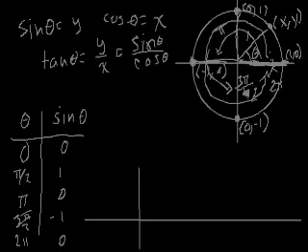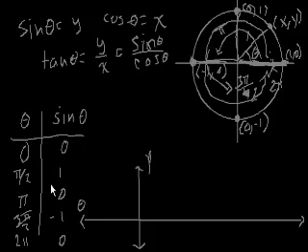Not as clean as I wanted to draw it. This is y, and that's x. But in this case, instead of calling that the x-axis, let's call that the theta axis, because we defined theta as the input, or our domain is in terms of theta. So this is the theta axis. And now we're going to graph sine of theta.